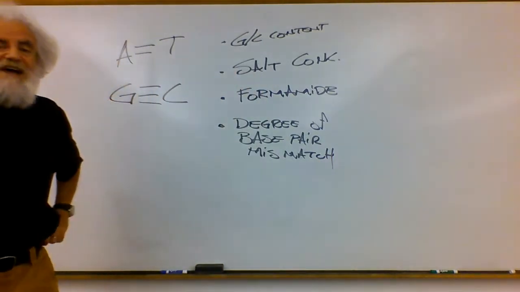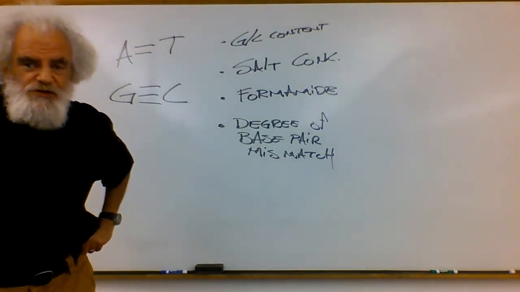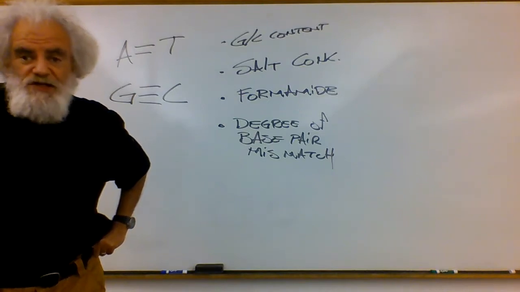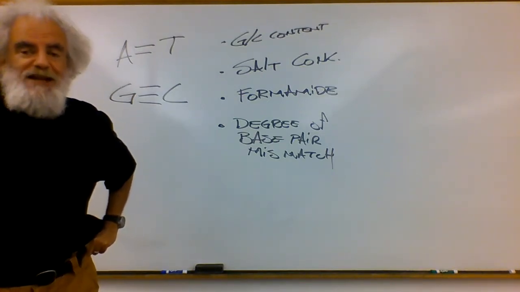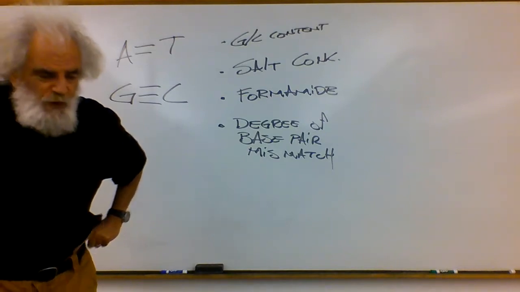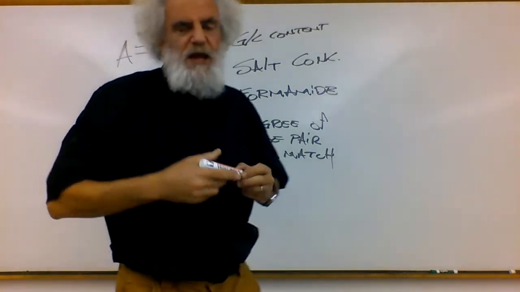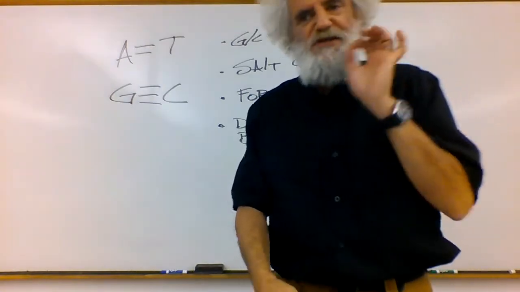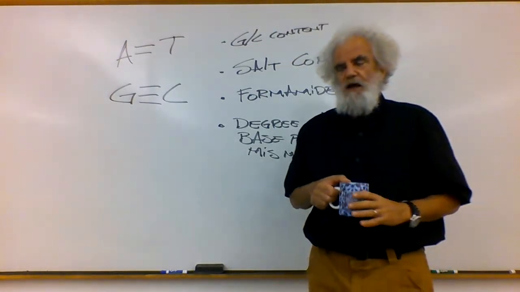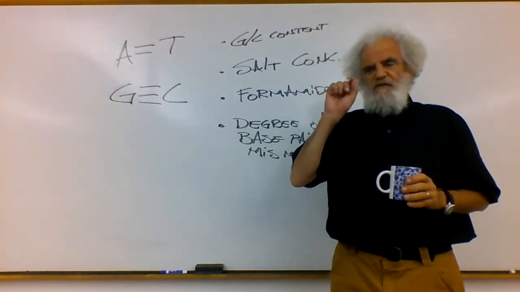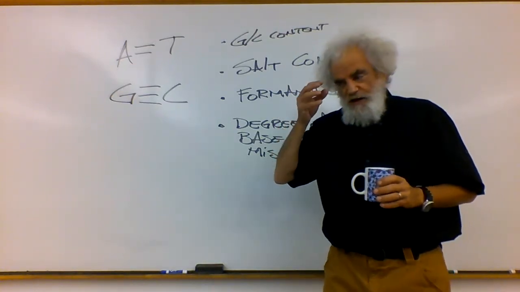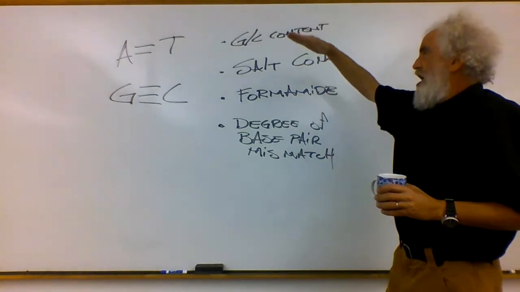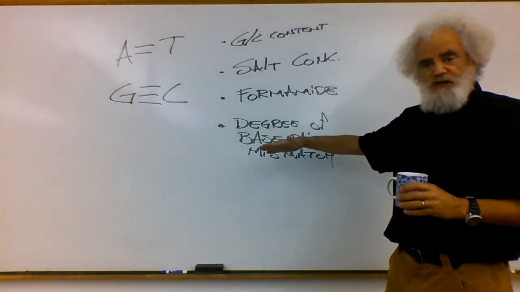So, do you have an exact sequence match, or do you have some kind of what we might think of as a hybrid, or some kind of non-exact sequence match? So what this means is that TM is dependent on conditions. TM is not a fixed characteristic. It is contingent upon a set of known conditions.